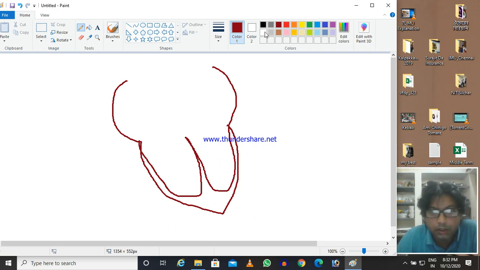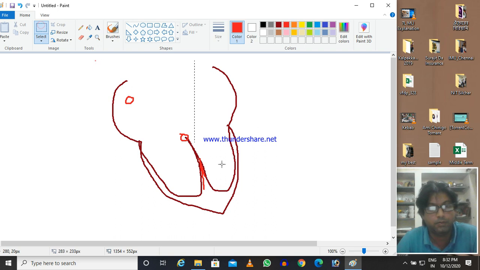Here is the SA node, here is the AV node, these are the bundle branches, the left bundle branch and right bundle branch, and this is the ventricle.